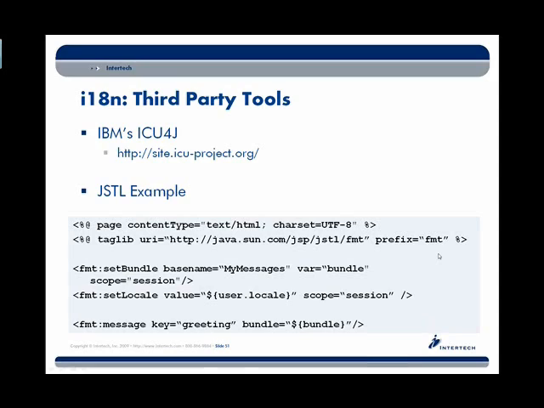The ICU4J project is part of a bigger project. There's actually many different language bindings. Java just happens to be one, and the main purpose is that standards are evolving. The Unicode standard is evolving. The way that we use internationalization in our applications is evolving.